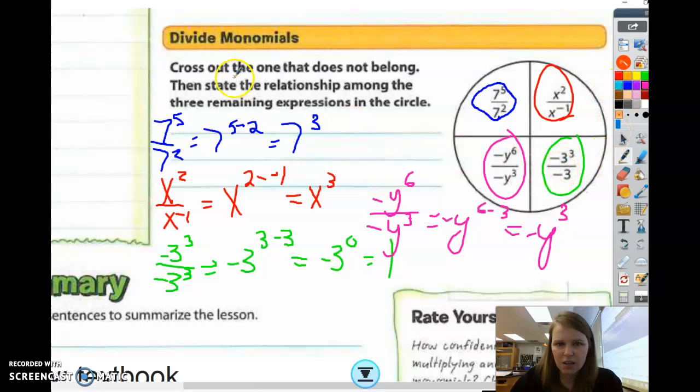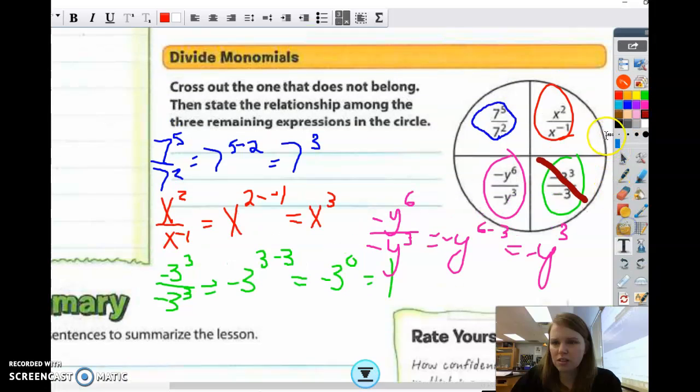So these 3 all have 3 as an exponent when they're simplified, except for this one. So I would say, it says cross out the one that does not belong. So I would say, let's cross out this one. We're going to say that one does not belong, and it says state the relationship among the 3 remaining expressions. So we could say here, let me use dark green.